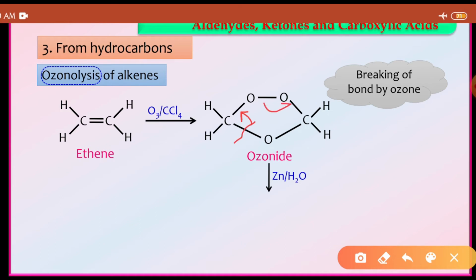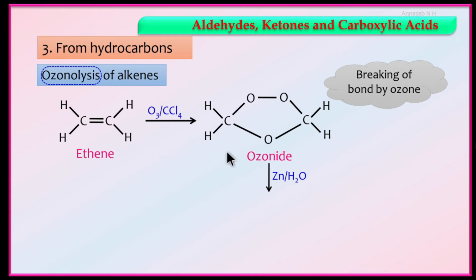These electrons are transferred to carbon oxygen, this bond also breaks, as there is a formation of total 4 bonds, carbon 1 2 3 4, here also carbon 1 2 3 4, because this is going to form double bond. So these electrons are transferred to the oxygen atom, leading to the formation of respective aldehyde.